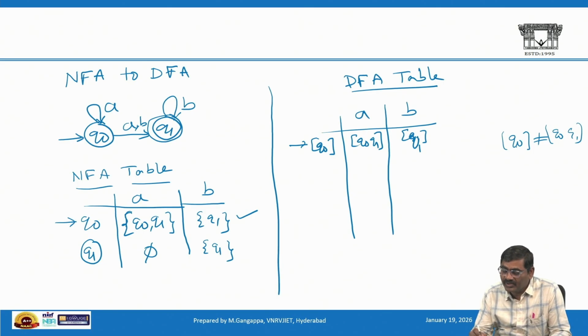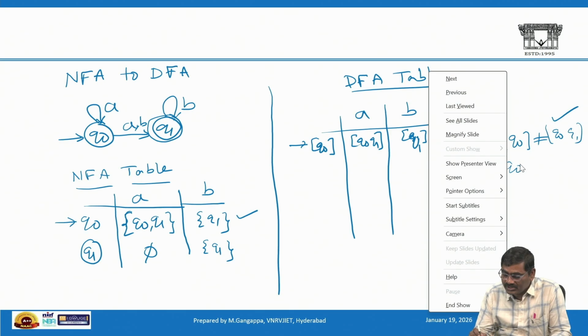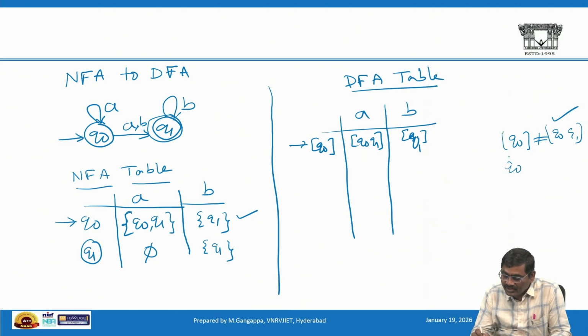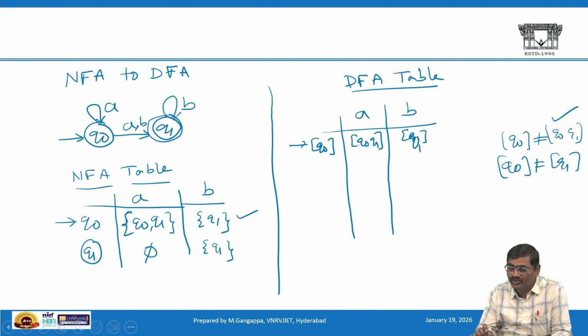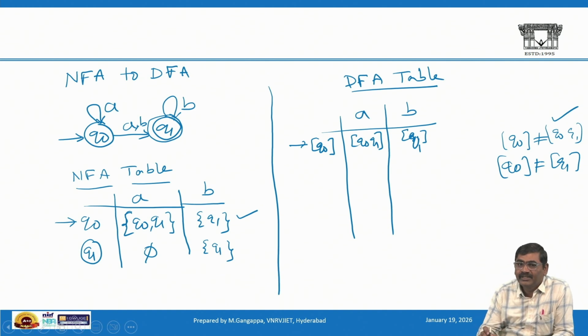This is not similar to this, therefore Q0, Q1 is a new state. Similarly, Q0 is again compared to the next one, Q1. Q1 is the next state, and again it is not similar. Therefore, there are two new states generated in the DFA table.